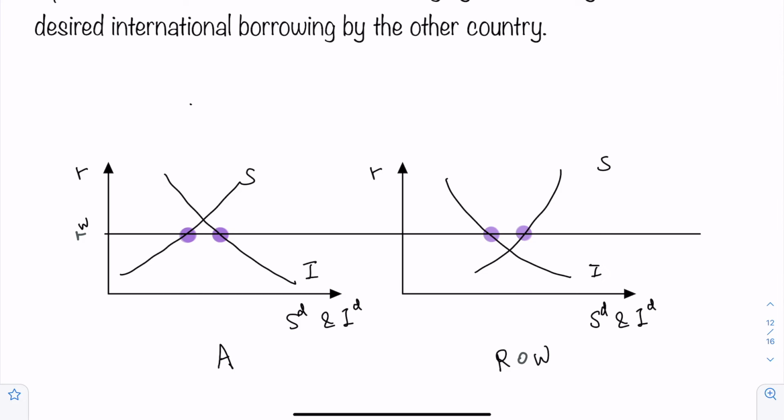So we claim that any factor that increases the desired international lending position of a country relative to the desired international borrowing will cause a fall in the real world interest rate, and if such a change happens, it will decrease the desired international lending of the rest of the world.